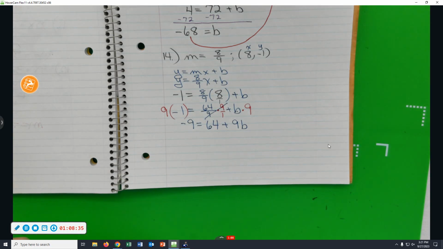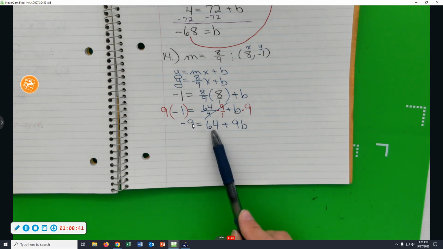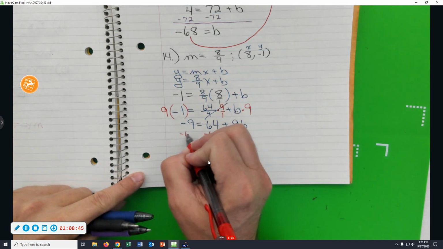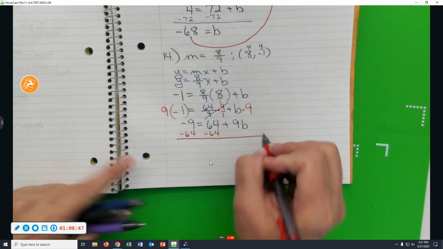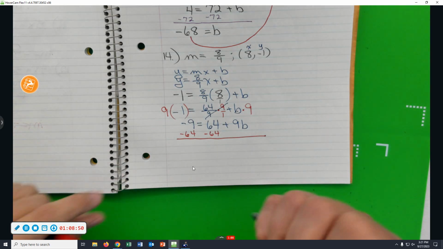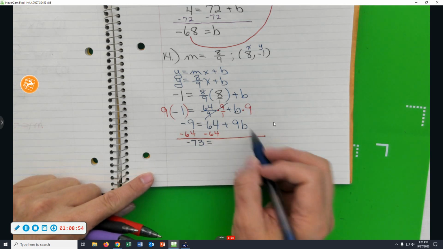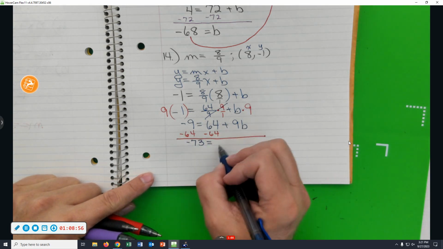Now do we know how to go about and solve for b? What are we going to do first? Subtract the 64. That's right. -9 minus 64 gives me a -73 equals, what have I got over here? 9b.